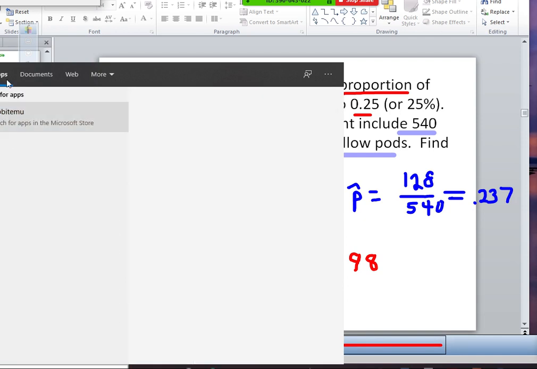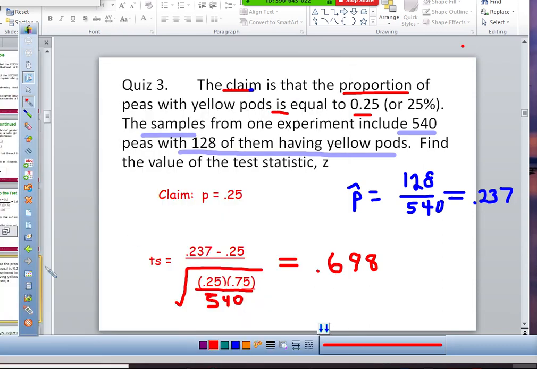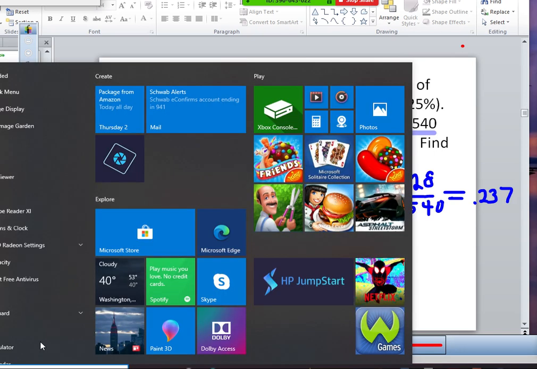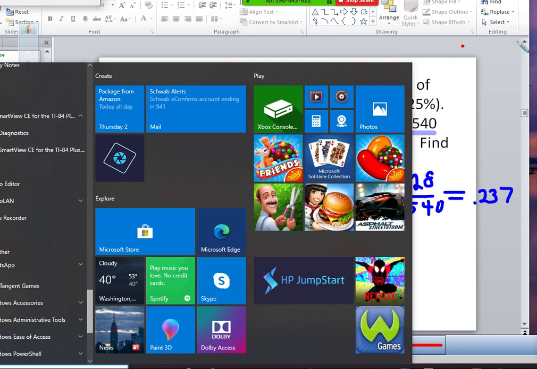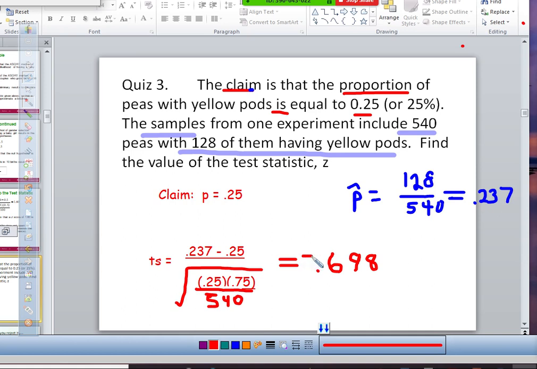It should be negative. Yes, I'm sorry, negative. Thank you, Angel. Because it's less than, it should be negative 0.698, or you can just make it negative 0.70. That'd be all right too.